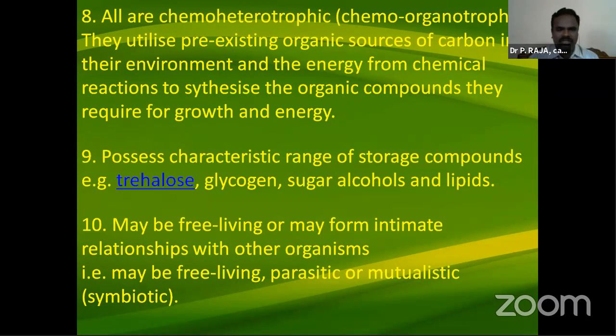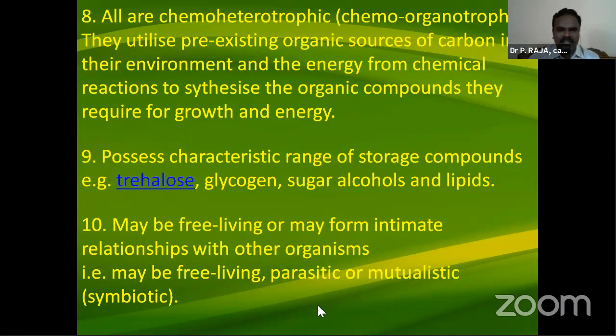These are the storage materials. They can survive sometimes in the form of hardy spores, and may be free living or in an intimate relationship with other organisms, maybe parasitic or mutualistic.